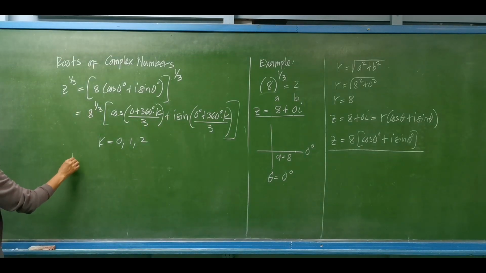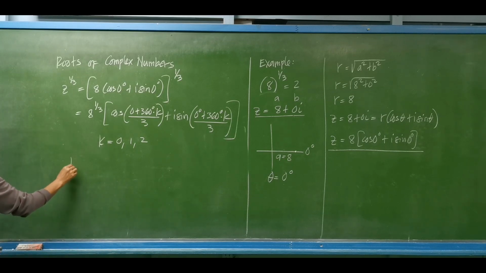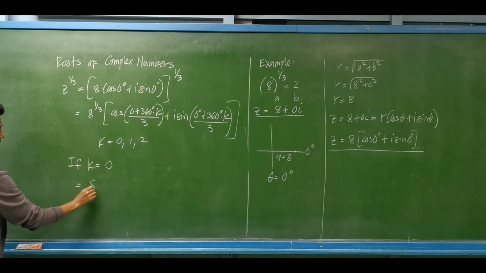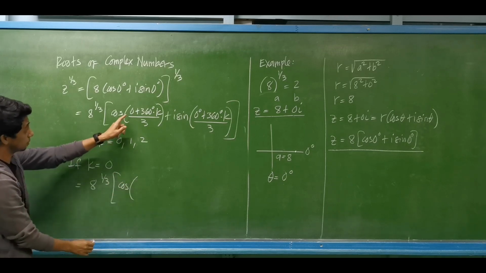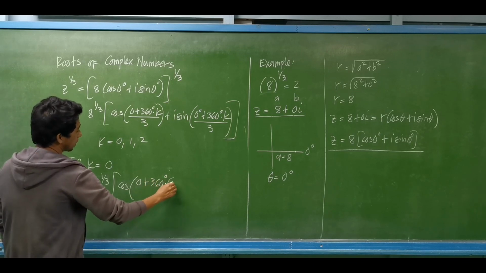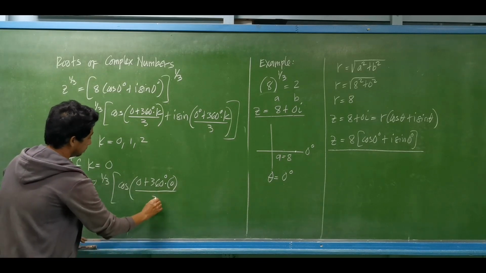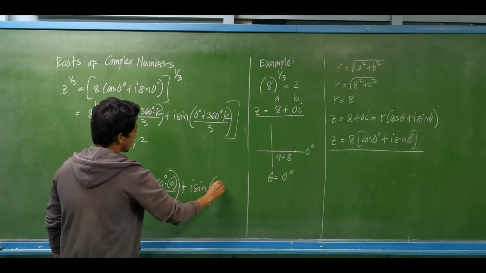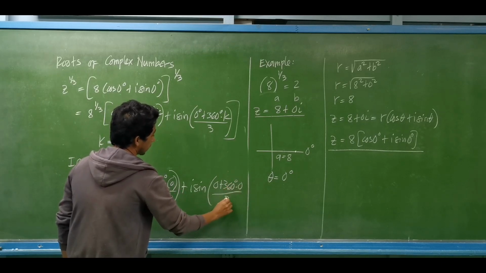To determine the first root, let's say k is equal to 0. We have 8 raised to 1 over 3 multiplied by cosine of (0 plus 360 degrees times 0) divided by 3, plus i sine of (0 plus 360 degrees times 0) divided by 3.